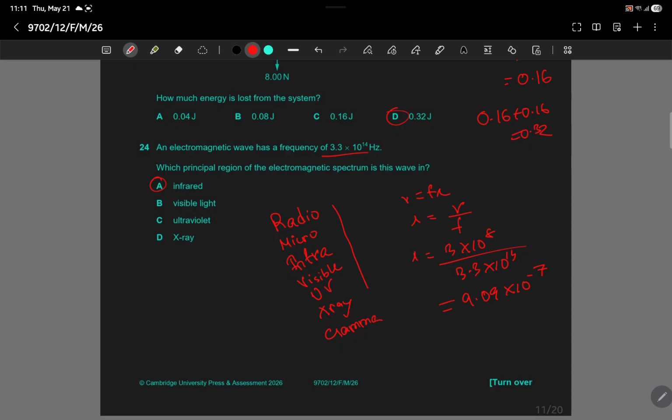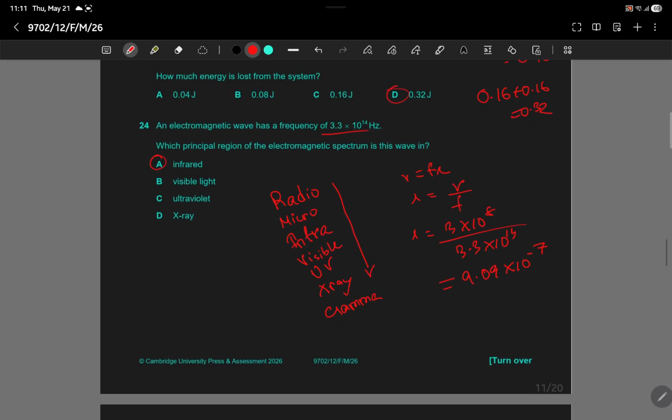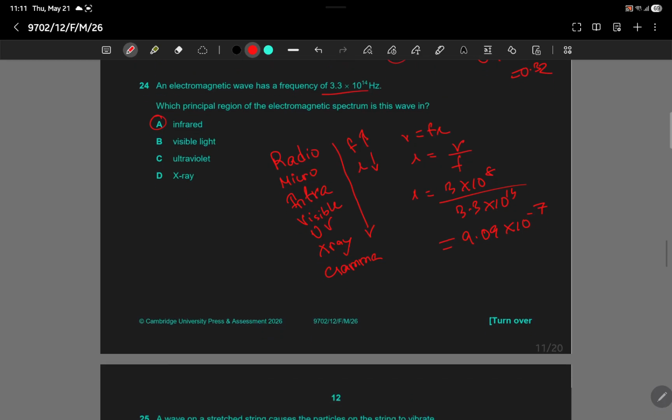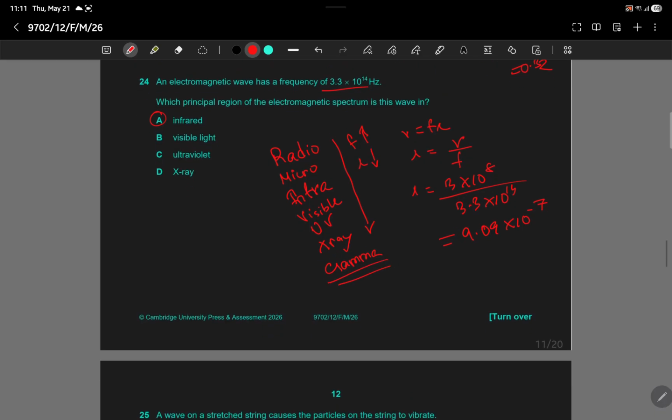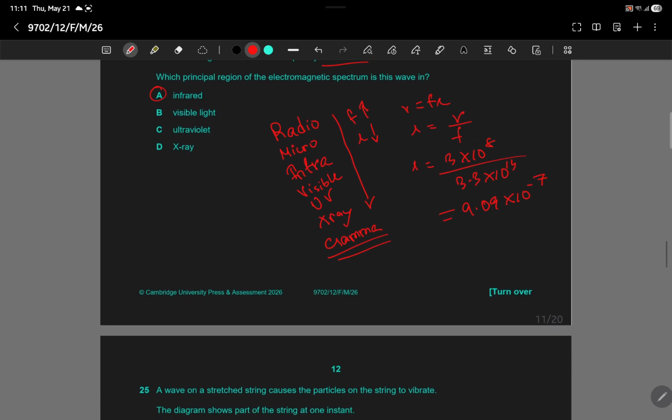As you go down this list, your frequency will increase, but your wavelength will decrease. Hence, gamma has the largest frequency, but also the smallest wavelength.